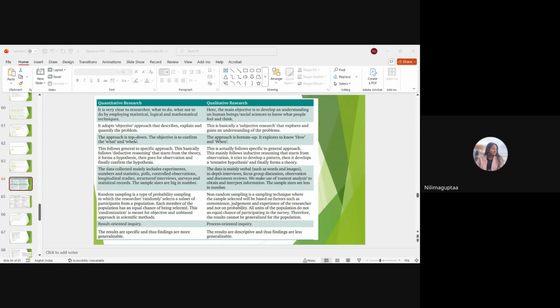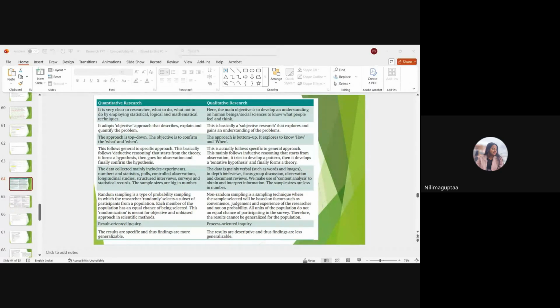In quantitative, it follows a general to specific approach that we have already done. And in qualitative, it goes from specific to general, that is, particular to general. The data collected in quantitative mainly includes experiments, numbers, statistics, polls, controlled observation.